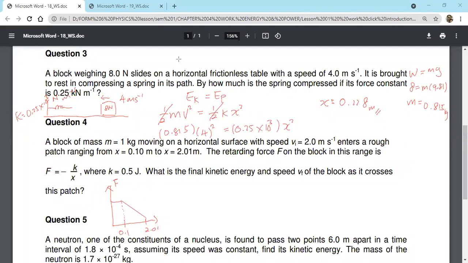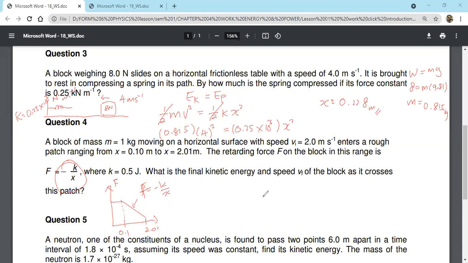Now what we need to do is, given that F is equal to negative k over x, the gradient is negative. So the function of F for this part is negative k over x.